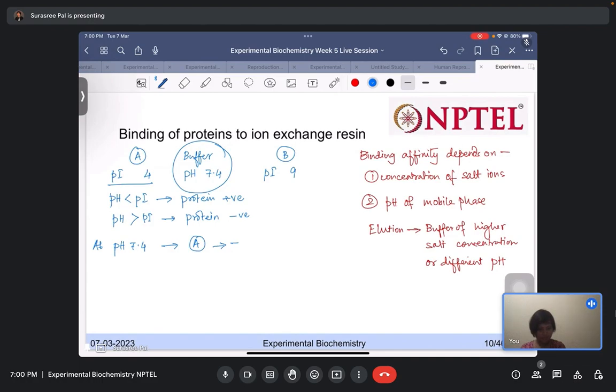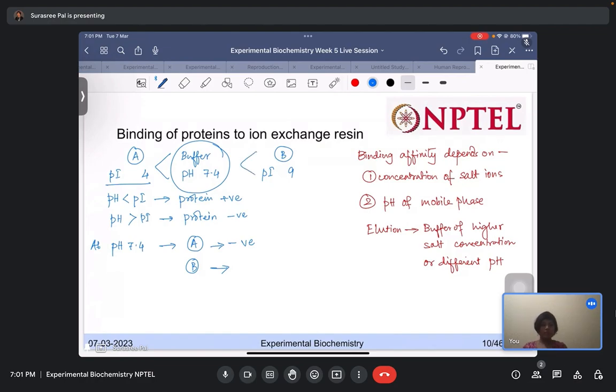So at this pH, protein A will exist as an anion. And at pH 7.4, protein B has a pI of 9. So here pH is less than pI. Therefore at this pH, protein B will remain positively charged. So protein A is an anion and protein B is a cation, right?